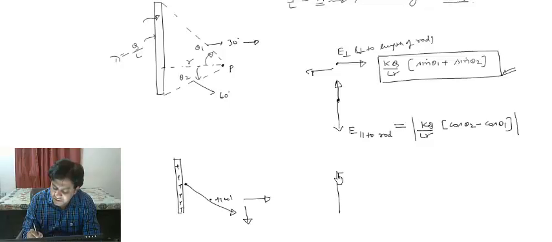Similarly, if I have a rod having negative charge and the point P of observation is here, then the direction of electric field can easily be found. Let's say I centralize this whole negative charge at the center of the rod, then at this point P, if I keep a +1 coulomb charge, then this +1 will get attracted in this direction.